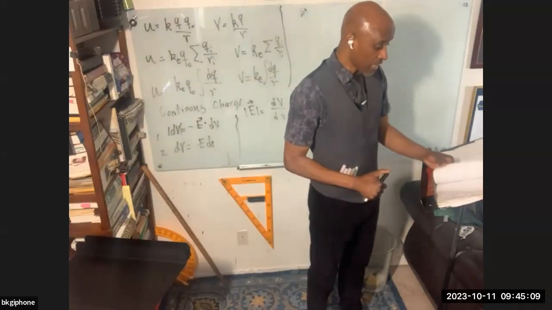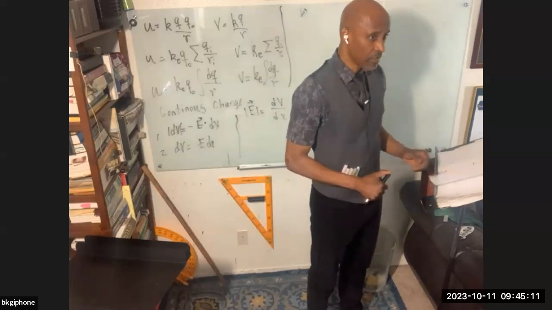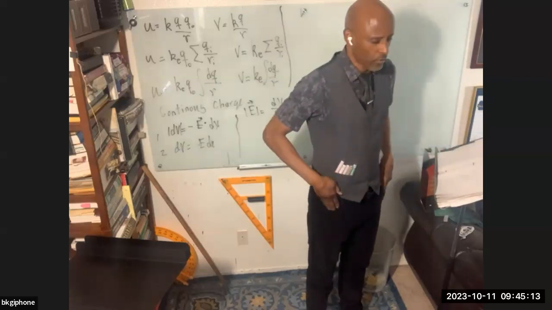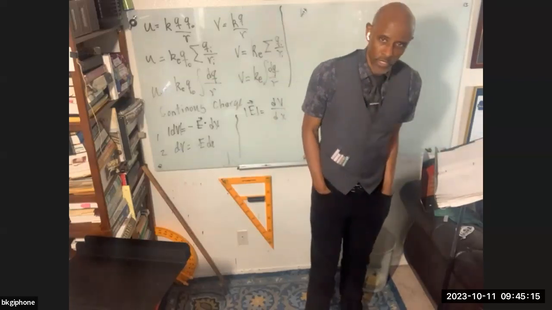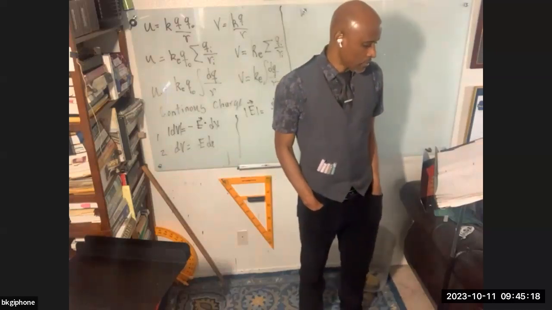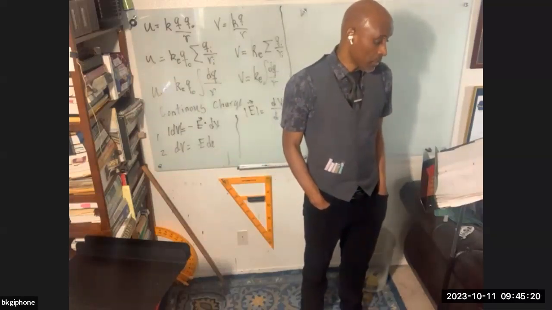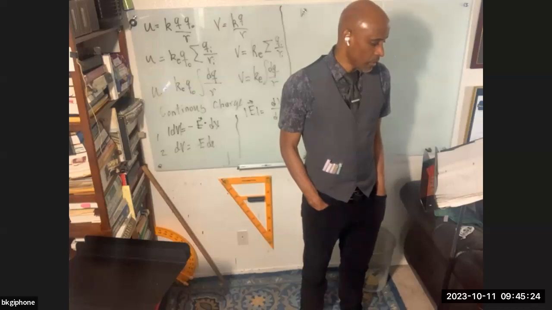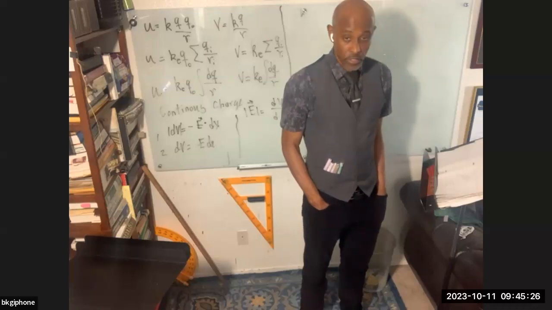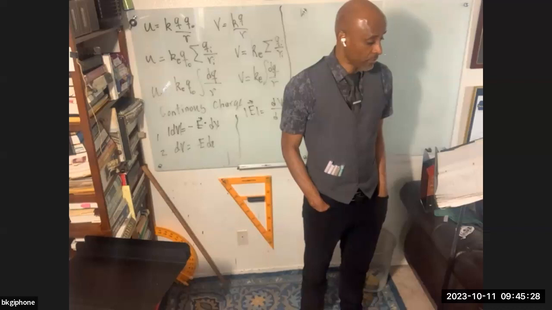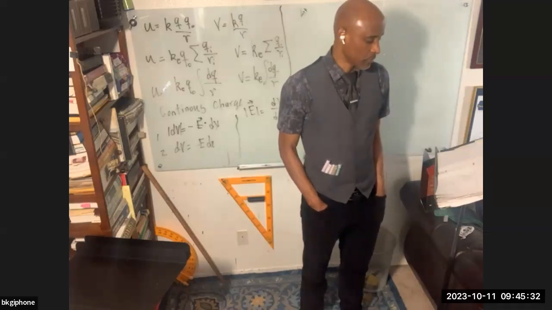We found the electric field for a ring and for a disk two weeks ago using Coulomb's law. So we can do it here, and then take the derivative of that and compare it to the electric field that we got before.